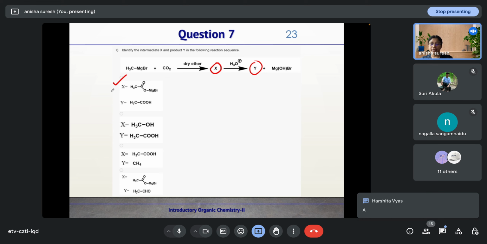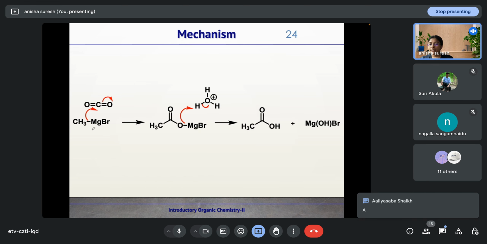So we can see the mechanism. CH3MgBr will act as a nucleophile. It will add onto this carbon of CO2, and we will get this intermediate which is X. And this upon hydrolysis gives this carboxylic acid, that is Y, and this will be removed as MgOHBr.